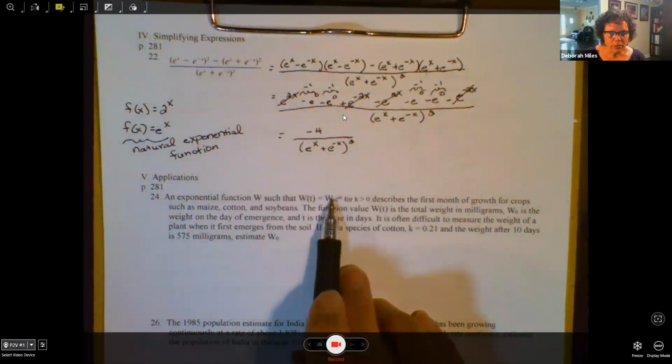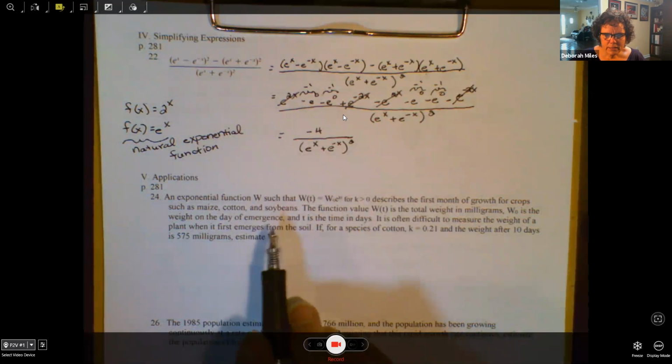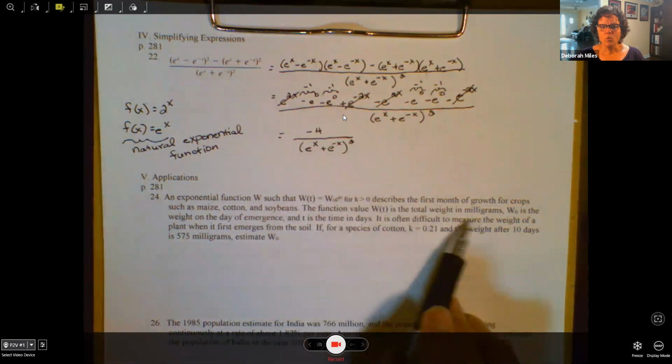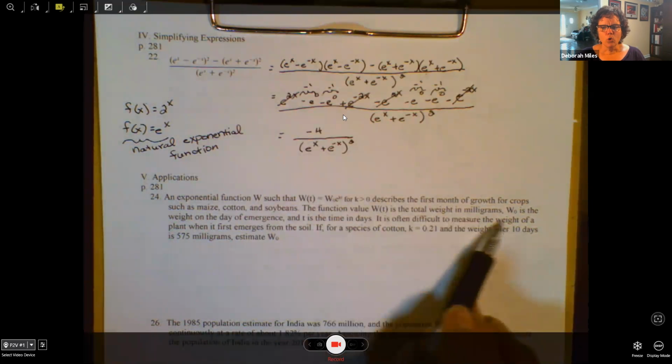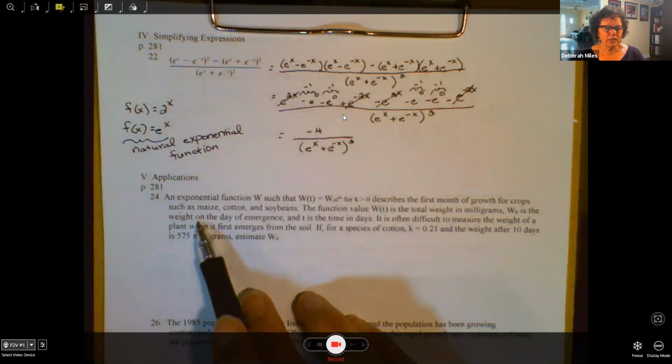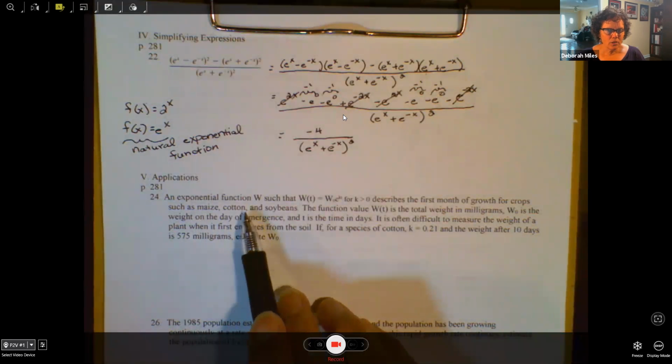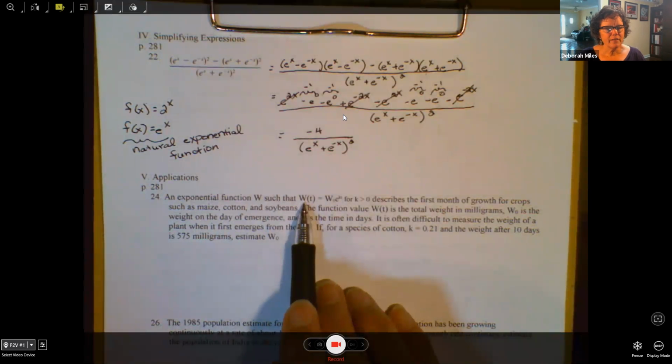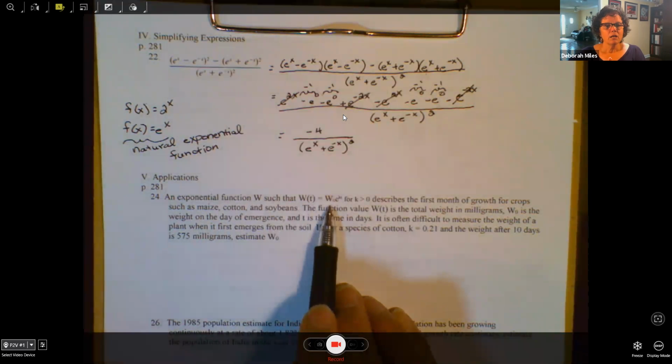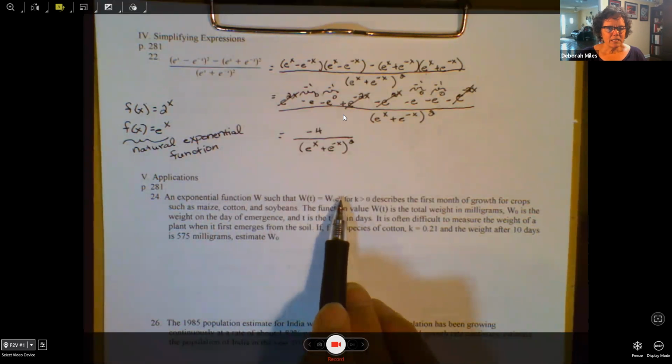This W sub 0 is the, where does it say it? The original weight of crops such as maize, cotton, and soybeans. So we have the exponential function that will calculate the approximate weight of a crop upon emergence if the original weight is W sub 0 times e to the k times t.